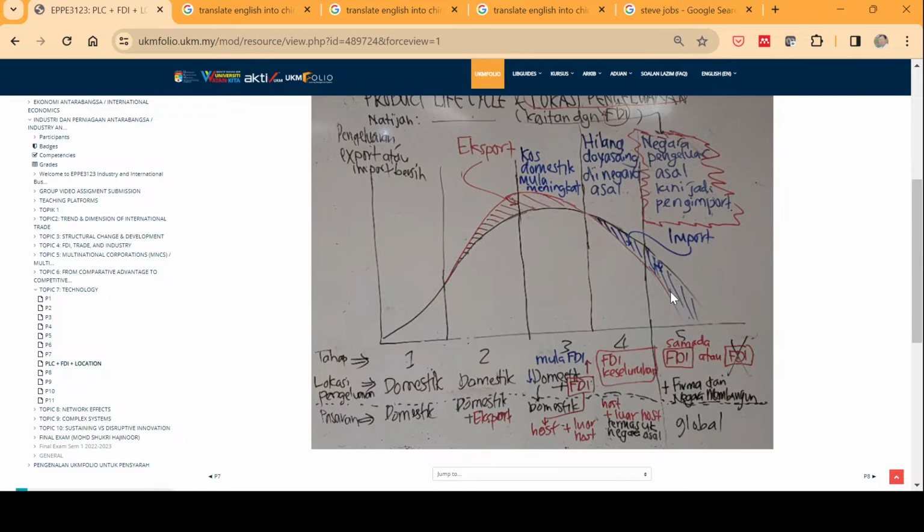What is obsolete? If the technology of a product is old, when there is a tech change, the product becomes obsolete.